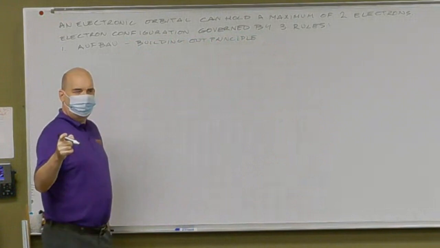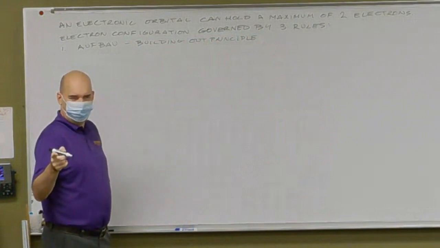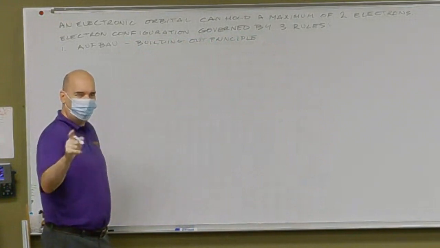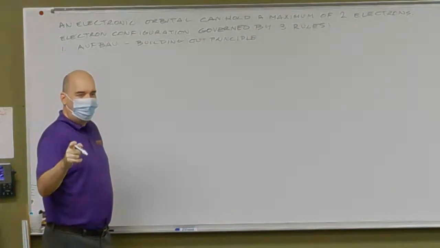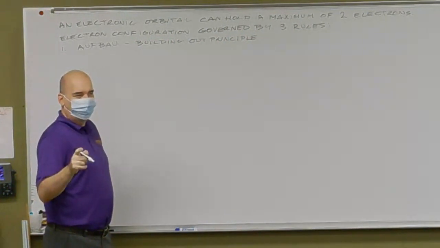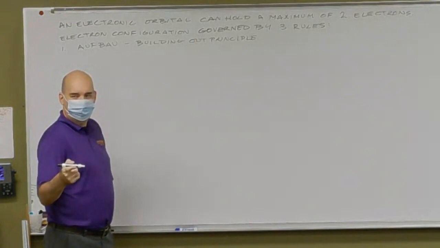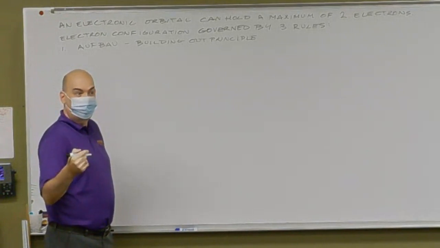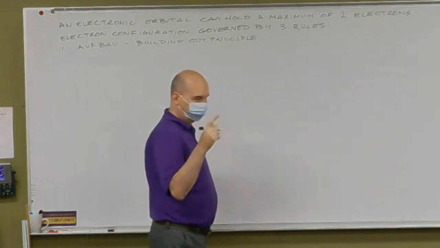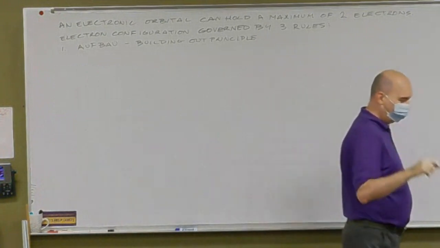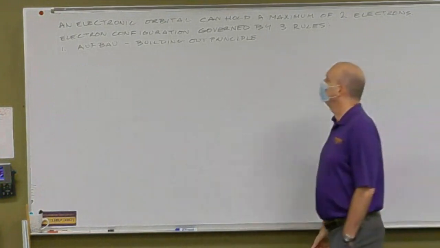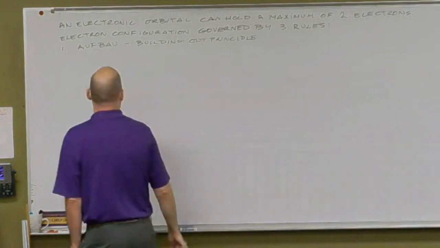We've used the word principle twice in this chapter, spelled 2 different ways. N was the principal quantum number. Aufbau is the building out principle. Principal was like, that's your number 1. Principle is a concept.